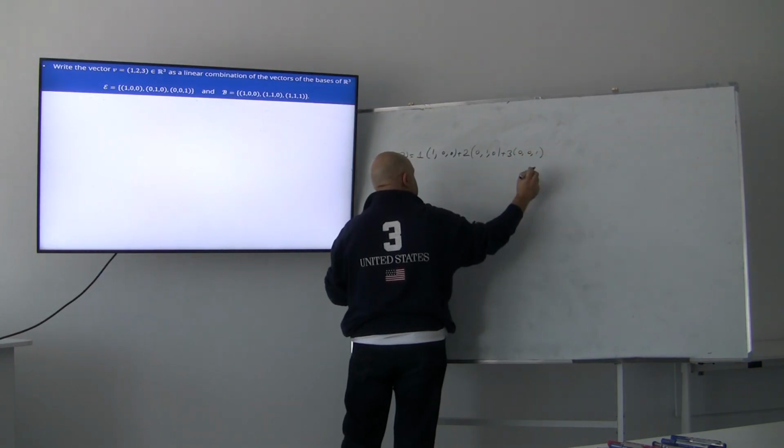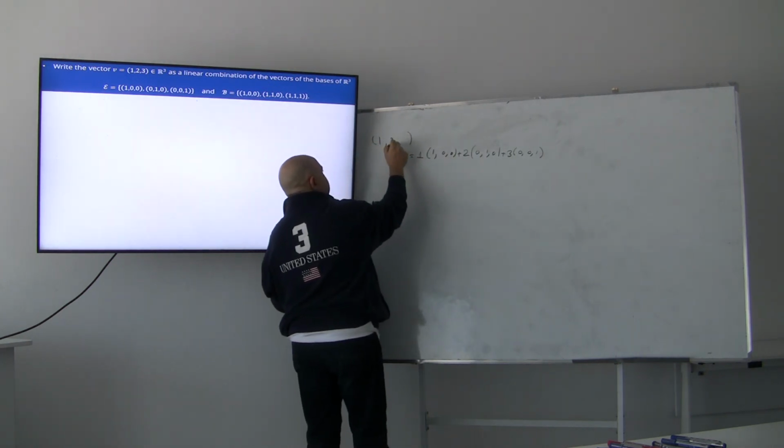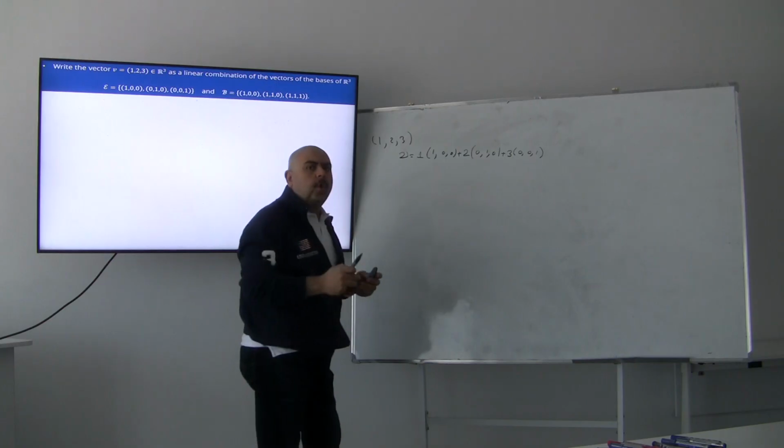What I've written here considers the coordinates of the vector by itself, 1, 2, 3, as the coordinates of the standard basis.